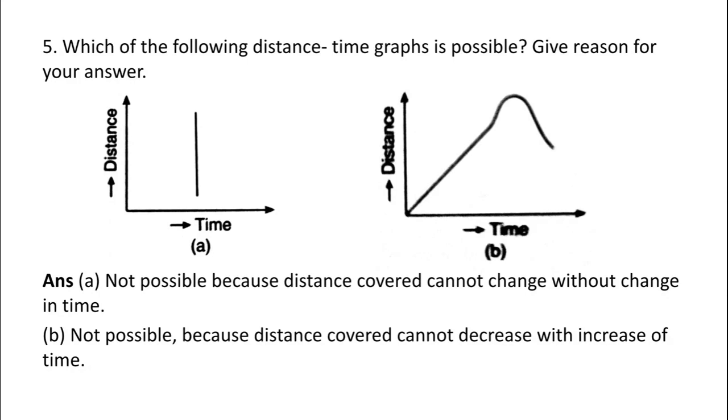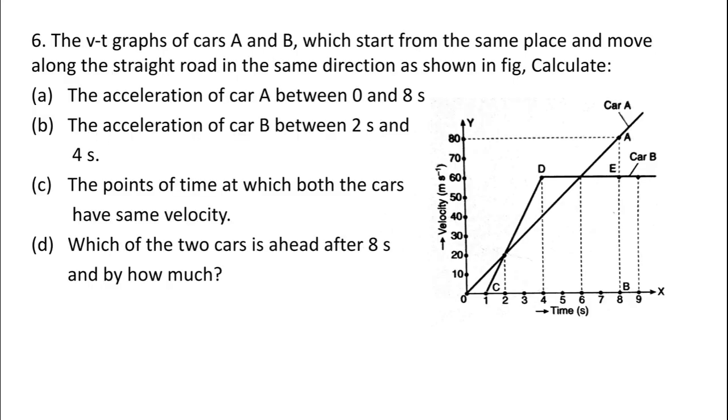Now move towards our next problem. Problem 6 is that the velocity time graph of cars A and B, which start from the same place and move along a straight road in the same direction, is shown in the figure.